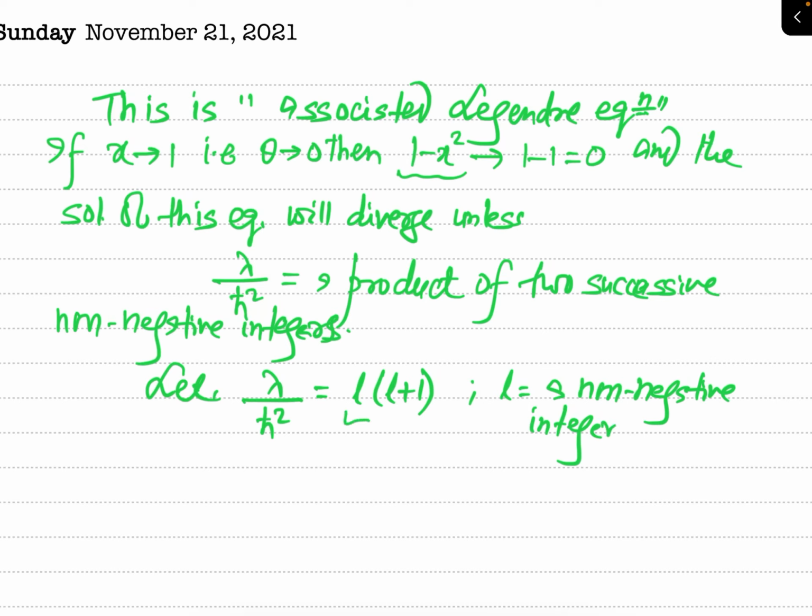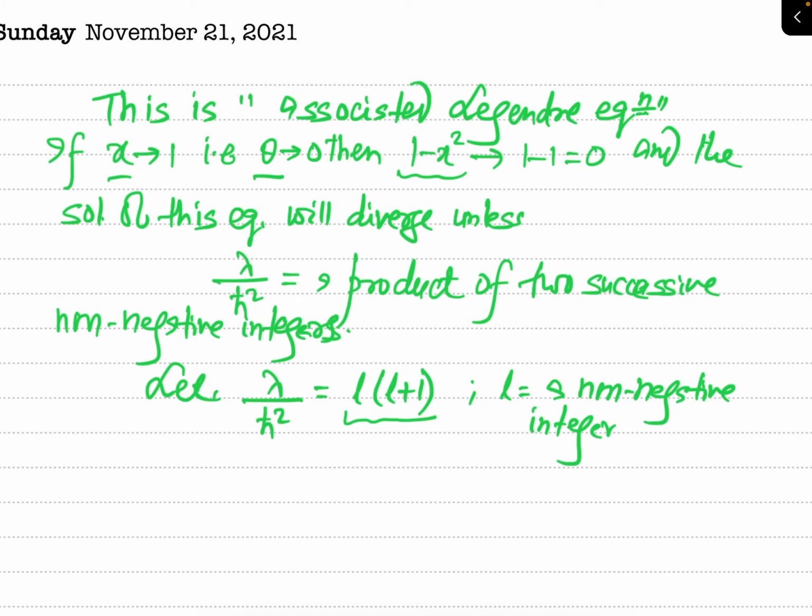So only when lambda over h bar square is equal to the product of two successive non-negative integers will the solution of this associated Legendre differential equation not diverge. It will have a finite solution for any value of theta or x.